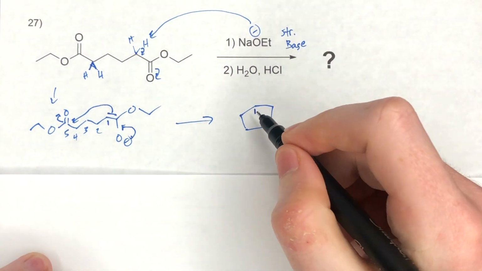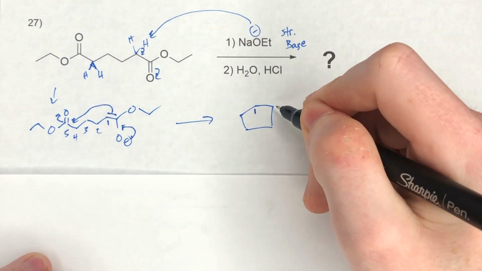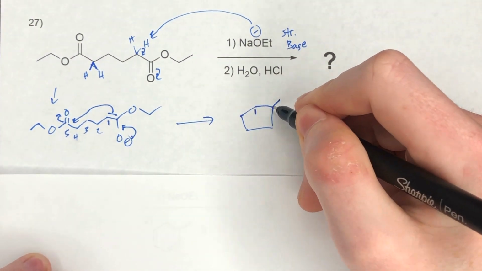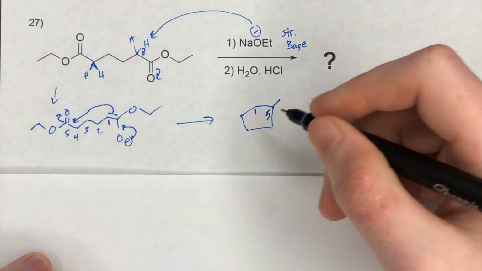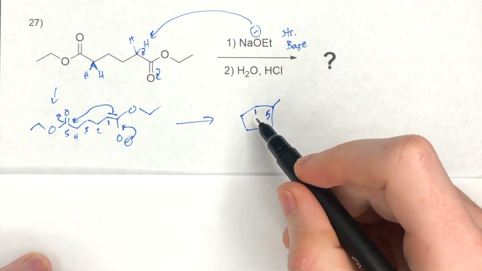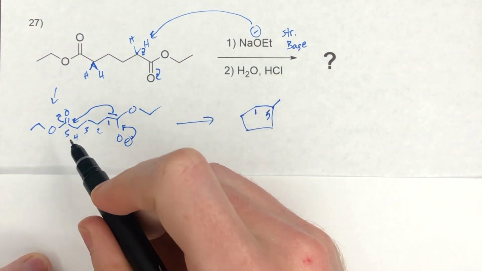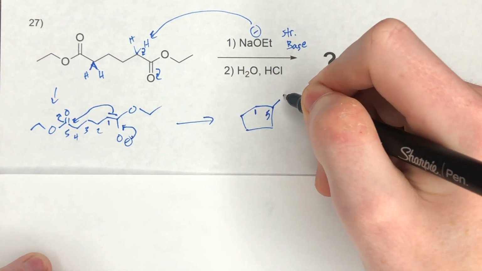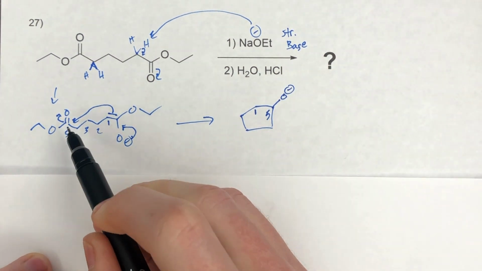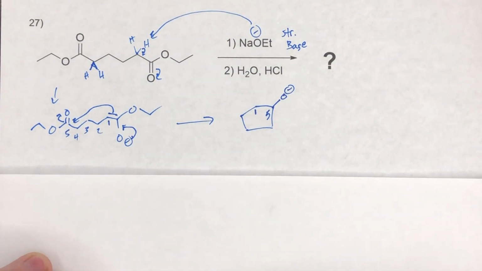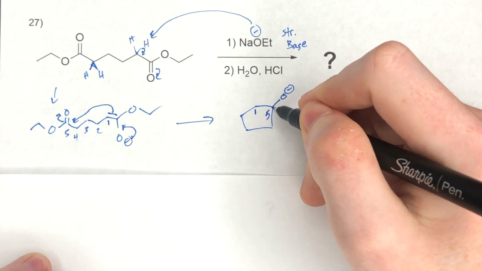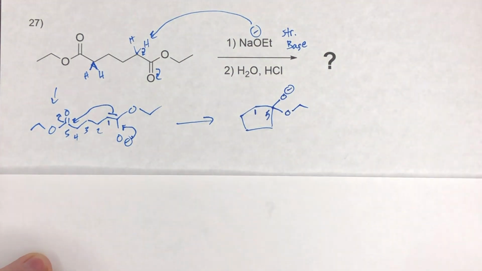That's totally fine. Now this is bound to carbon 5, which is this position here. It could be the other side, it makes no difference, but let's call it this position. So 5 is now bound to an O minus because we dumped the electrons of that pi bond onto that oxygen. And 5 is also bound to the ethoxide group there.